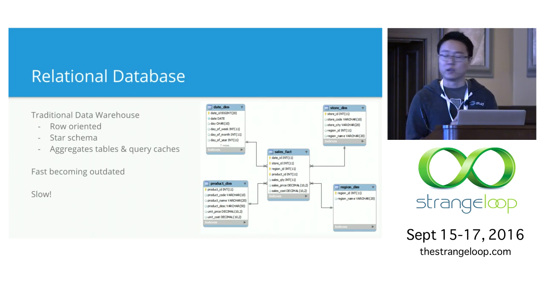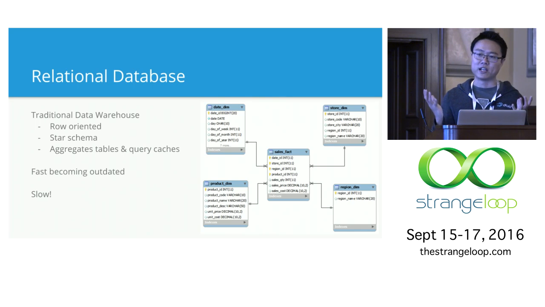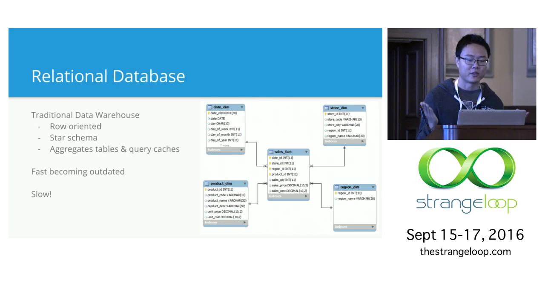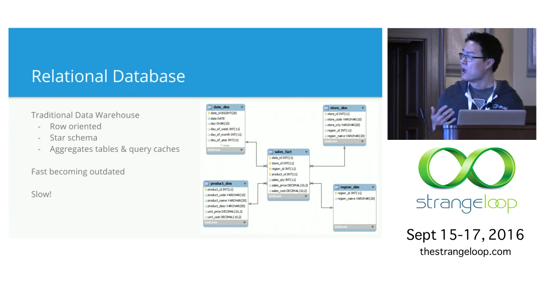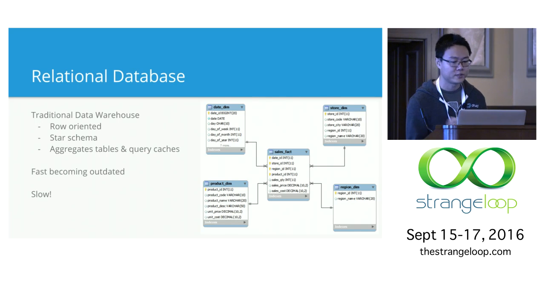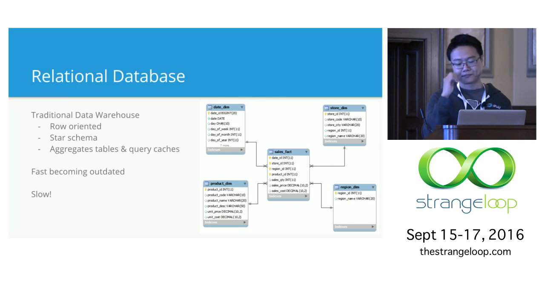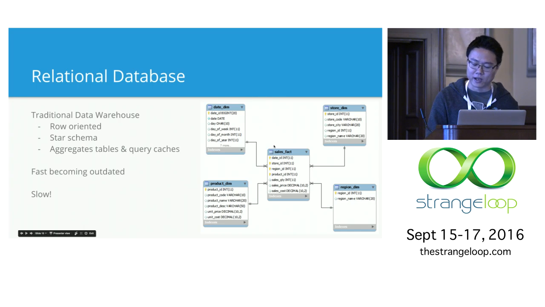So first, we look at relational databases. Relational databases have been around since forever, and everyone has a pretty good idea of how they work. There's a pretty standard way that people typically use a relational database as a data warehouse, and what people often do is model their event data as a star schema. The idea behind a star schema is you have a fact table in the middle, and this contains a lot of the primary information about your event data.